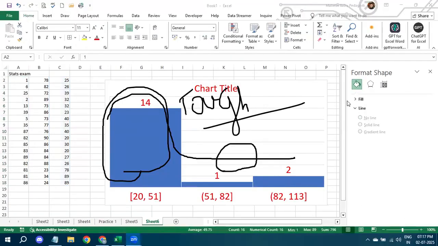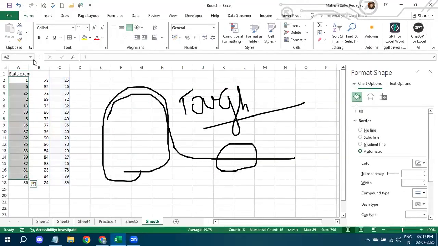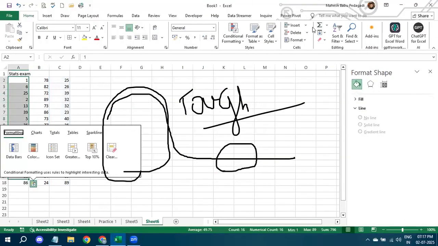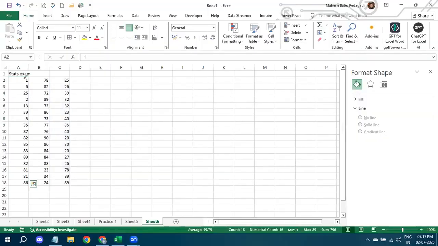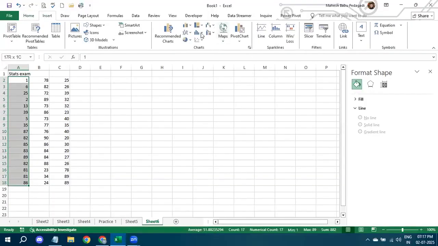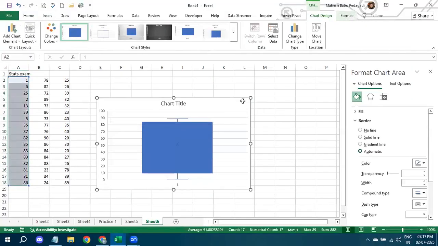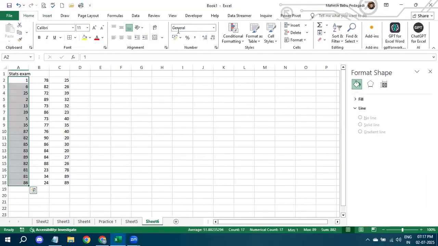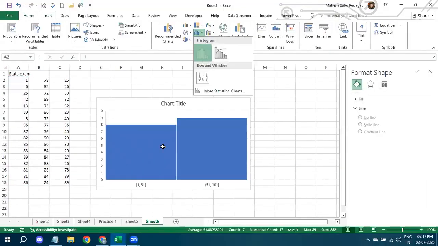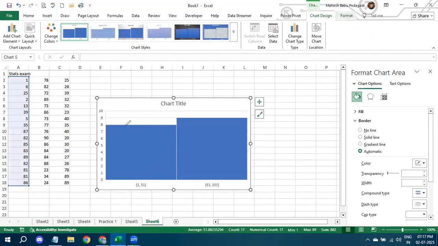Let me hide this. Let me delete this one. Let me clear all the drawings. I will go to insert, histogram. Okay. This plot is easy.